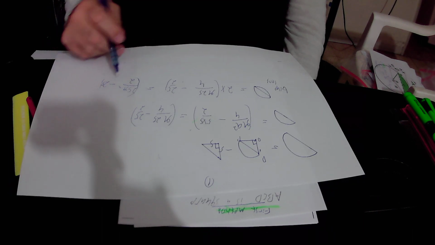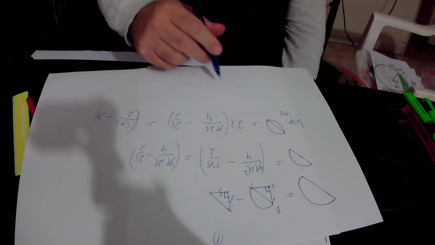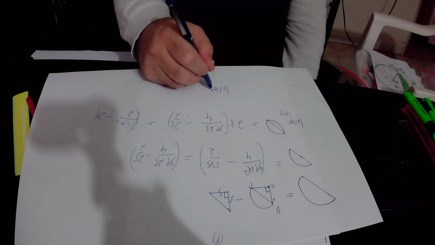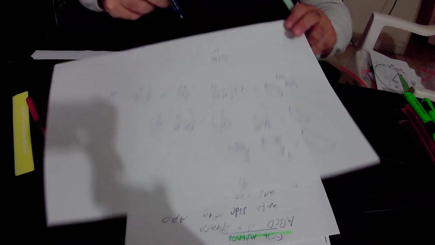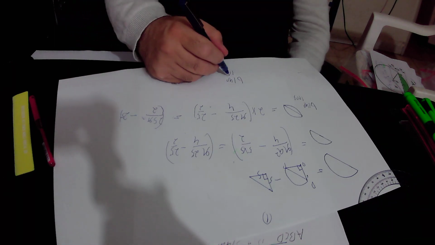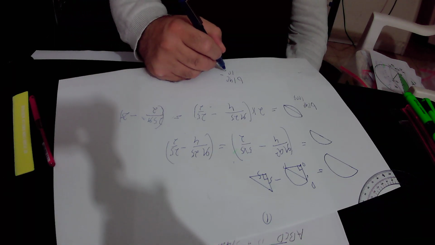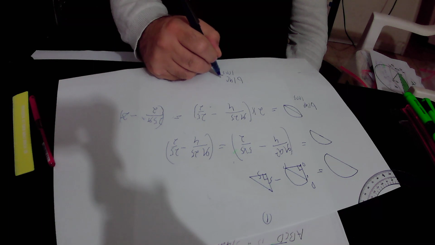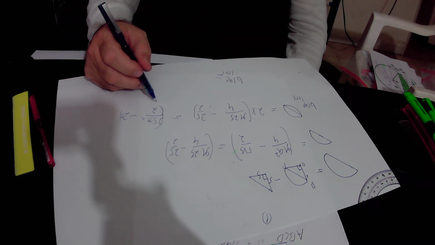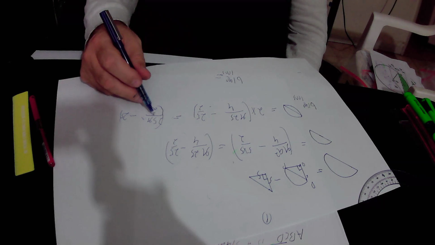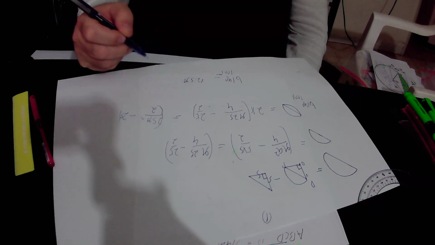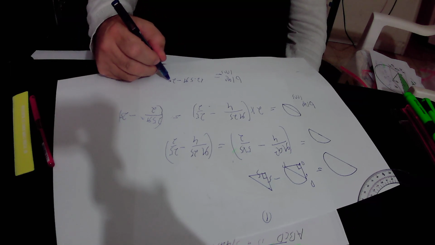So in conclusion, we found out that the area of the blue lens equals 25 over 2 pi, which is 12.5 pi, minus 25.